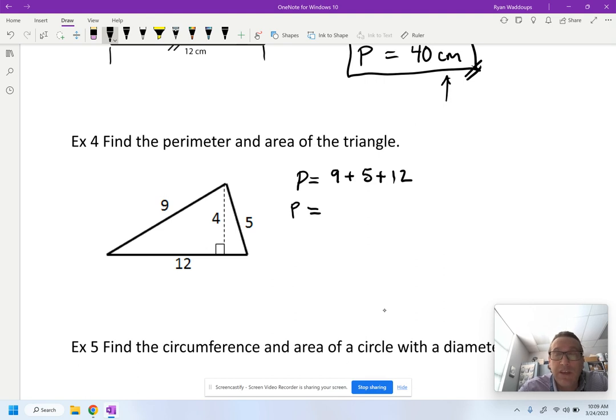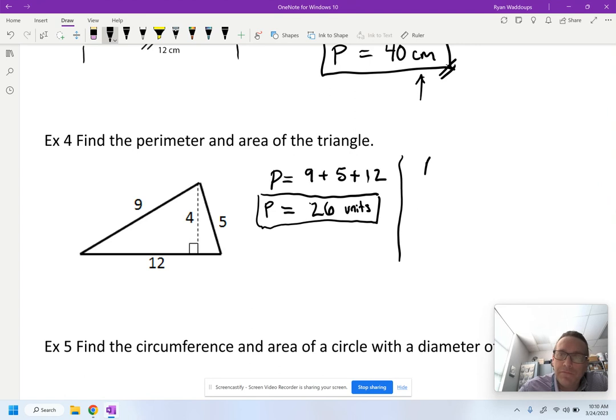And 9 plus 5 would be 14. I think that's 26. So 26, and notice this time they're not given the units, and so we would just say that the perimeter is 26. You can say 26 units, as opposed to units squared, and that's what we'll put for the area.